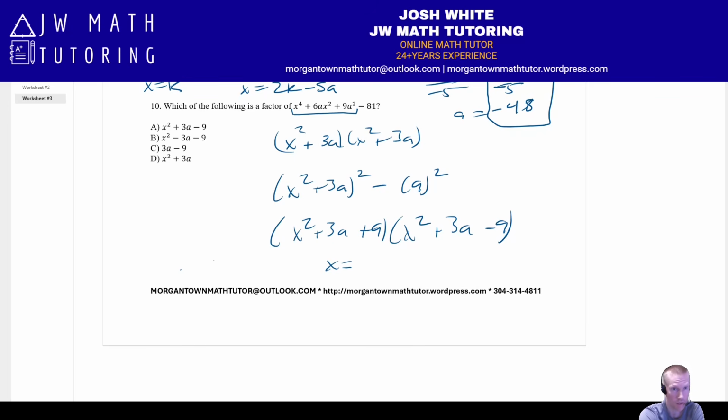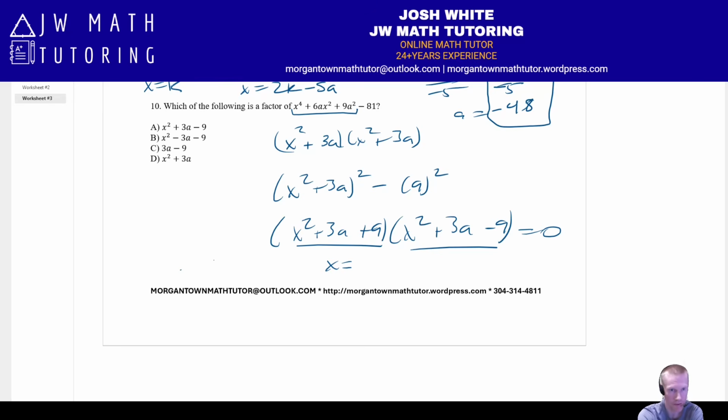Really you're only going to get 2 answers. One of them is going to be complex, so ignore it. But the point is, if you set this equal to 0, you get 2 x-intercept values, 2 points where it crosses the x-axis.